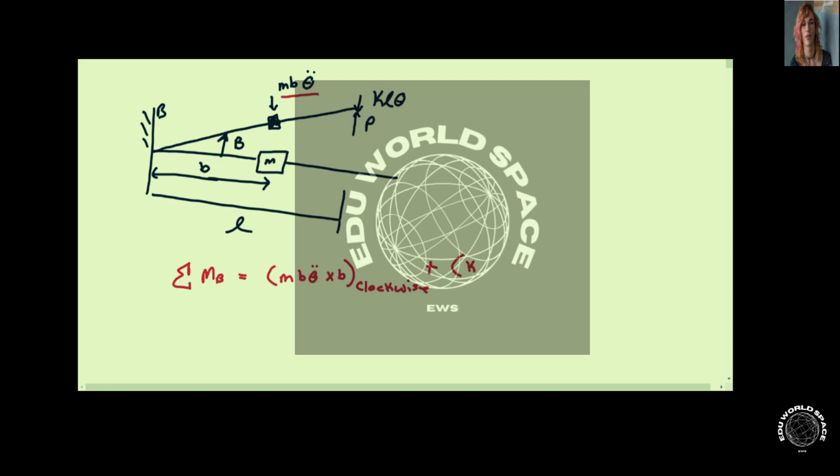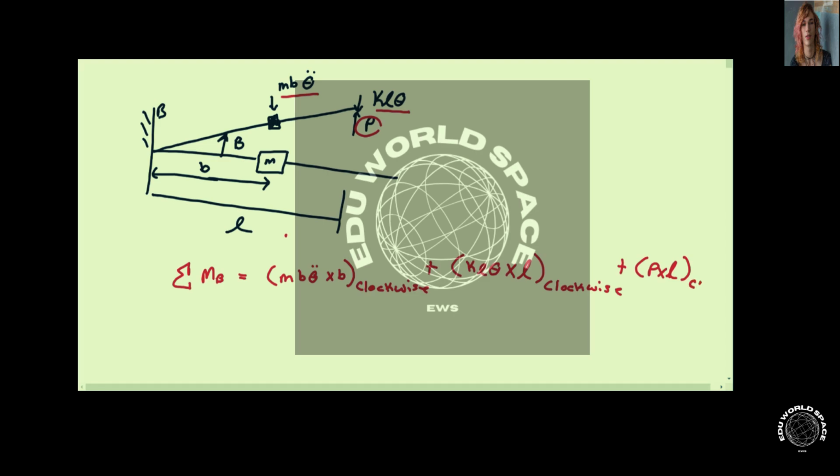Plus, and we have the spring constant times the L times the theta, which is this guy right here, times the cross product. Can you guess what it is? It's of this L here. Again, it's making a little triangle clockwise. Okay. And now we have the P here and the L. Okay.